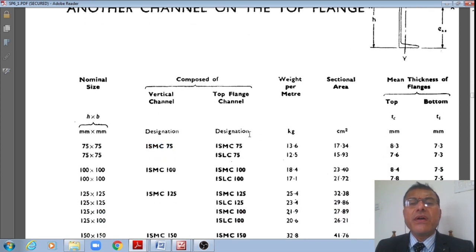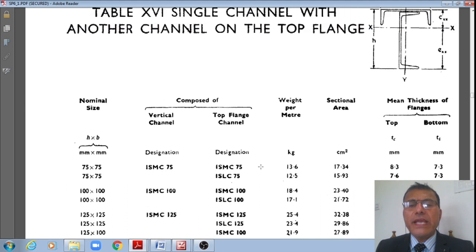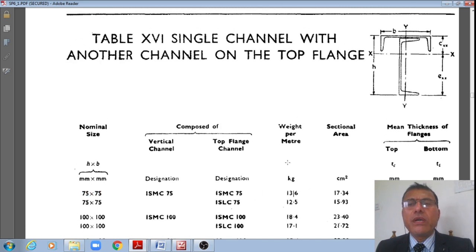And if I am using on the top flange ISMC 75, therefore ISMC 75 as a vertical channel section as well as the horizontal channel section in the compression zone is also ISMC 75, then the dimension is 75 by 75. Then there is the unit weight. This is a compound section which can be used as a girder, even like a gantry girder section, students, right?